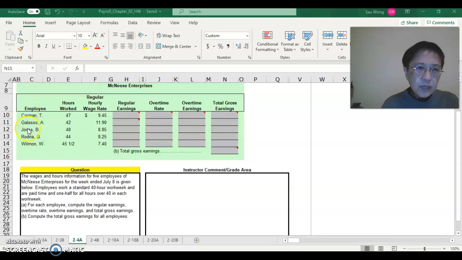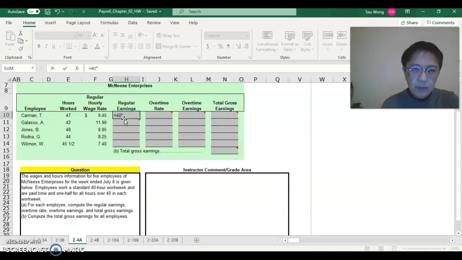Okay, for this question, we have 5 employees. Regular earning is in column H, rows H10 through H14. When you compute regular earning, you take the regular hours, 40, times F10.